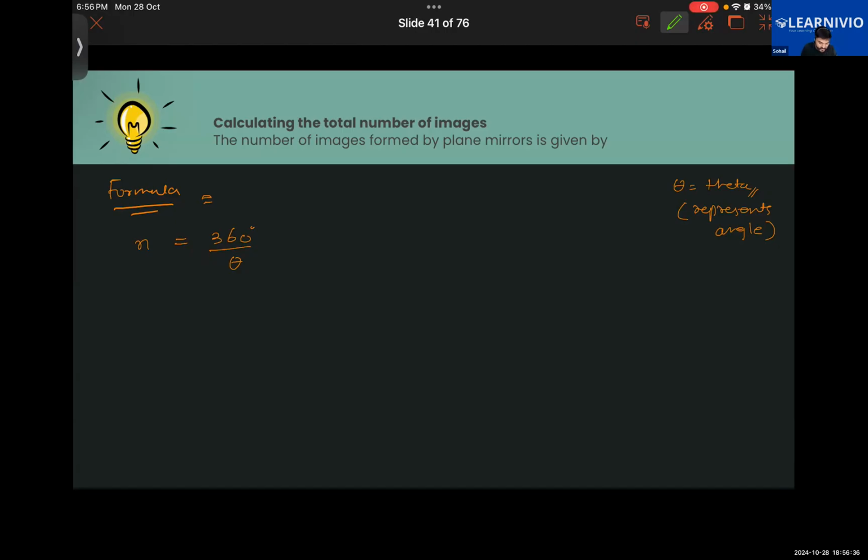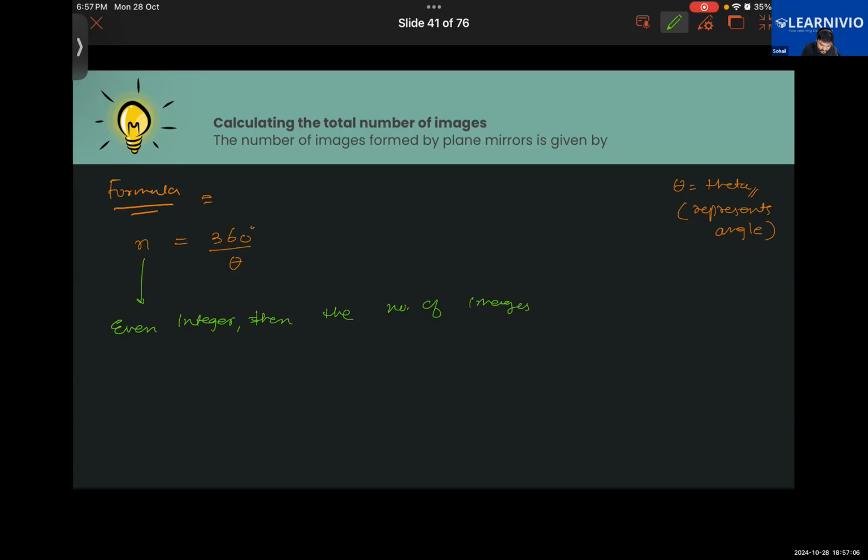Now say if n comes out to be an even integer, an even number, then the number of images that will be formed will be n minus 1. This will be more clear once we do some questions.